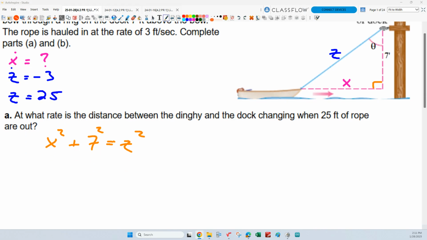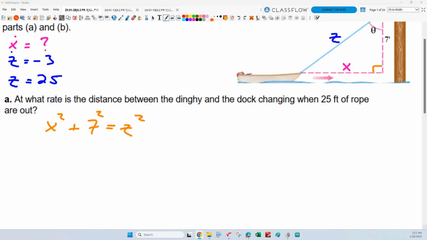Okay, now what? Good. Implicitly differentiate with respect to time. What do we get from the first term? What do we get from the 7 squared? 0. How come 0? It's constant. Okay, equals.